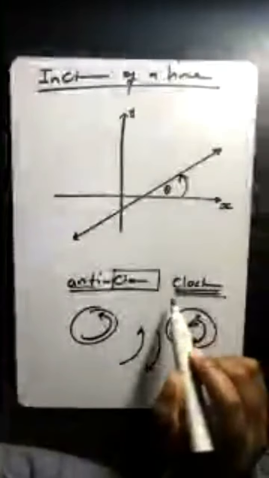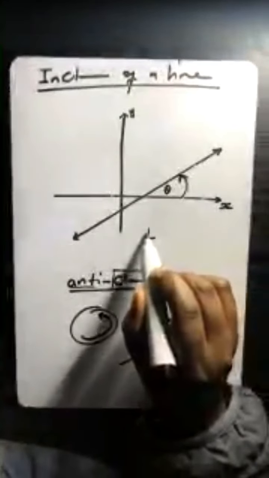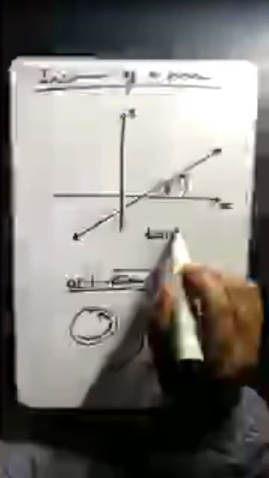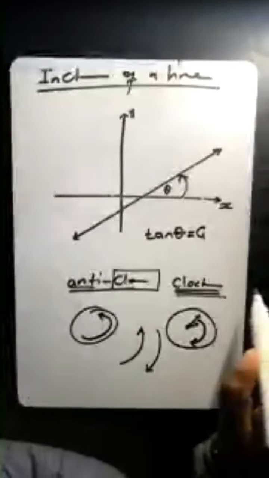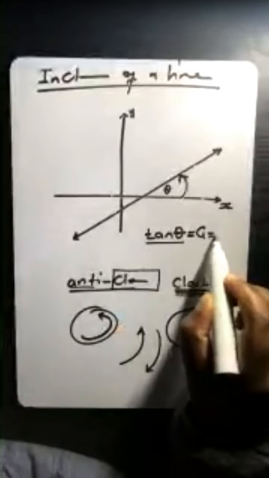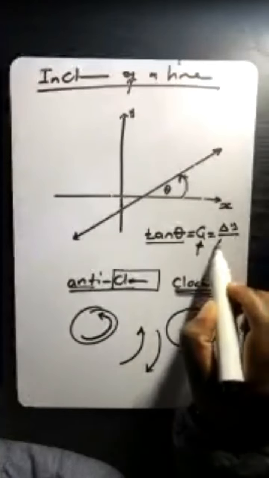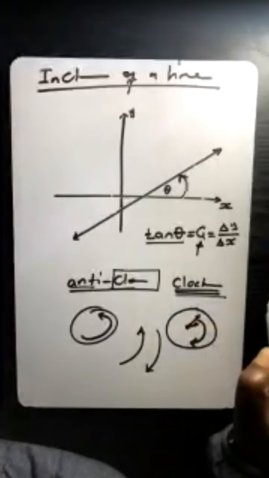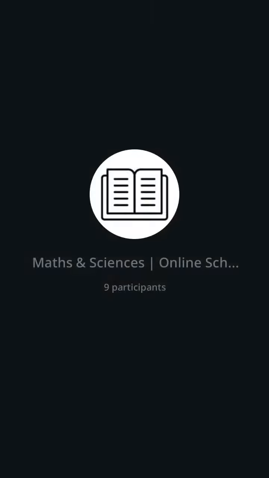Because now we are talking about a line which is at a specific angle. So, this is the formula that you were talking about: tan of angle theta equals the gradient. We might not know much about this, but we do know very well that the gradient equals change in y over change in x.